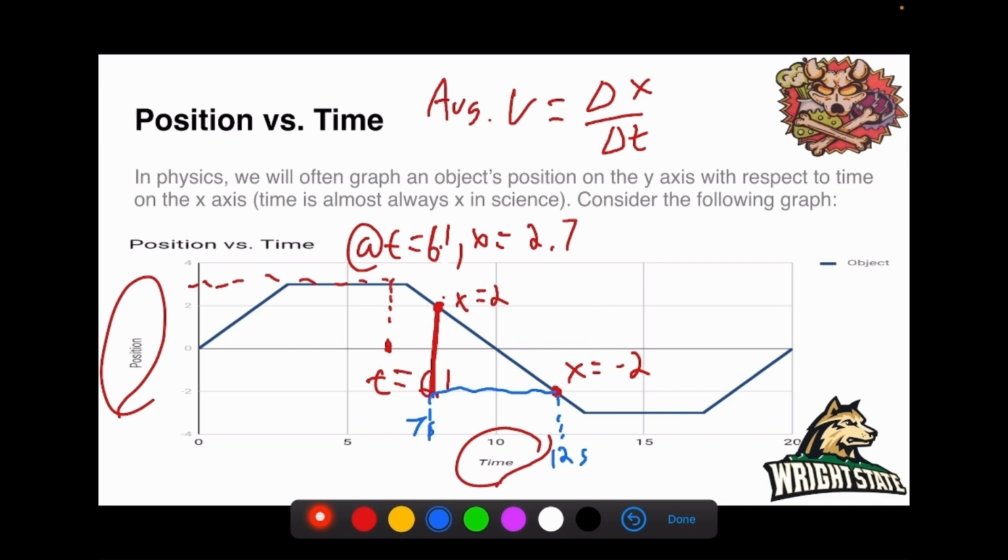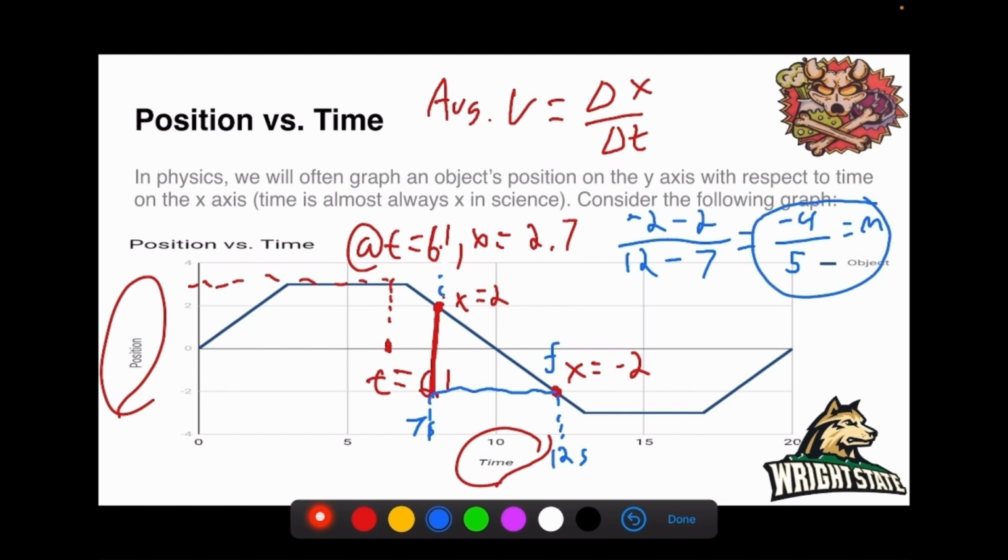So I'm going to call this my initial point and this my final point. And I can say that final minus initial, negative 2 minus 2 over 12 minus 7 gives me negative 4 over 5. And that's the slope of my graph, which is also equal to my velocity.